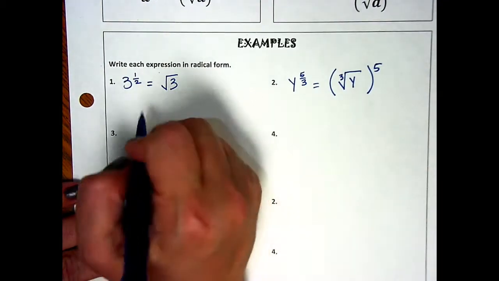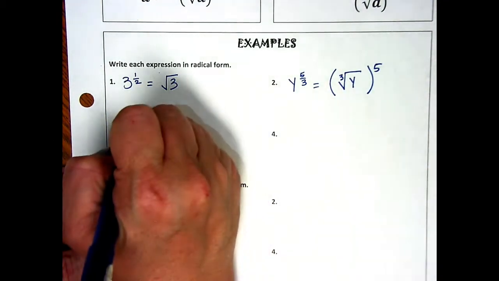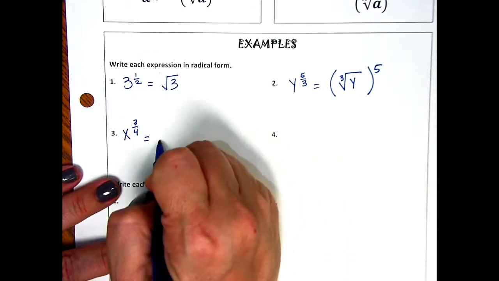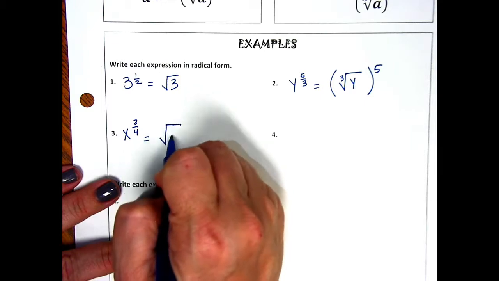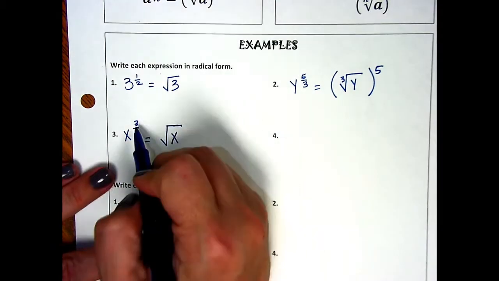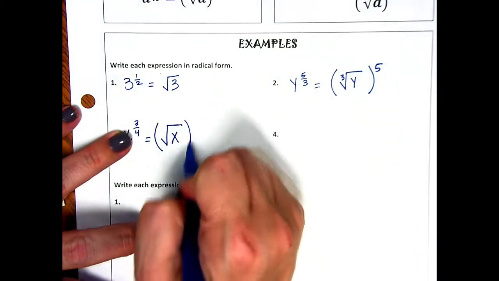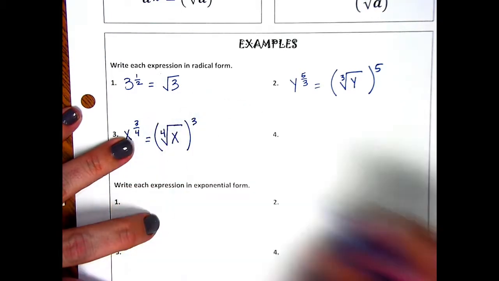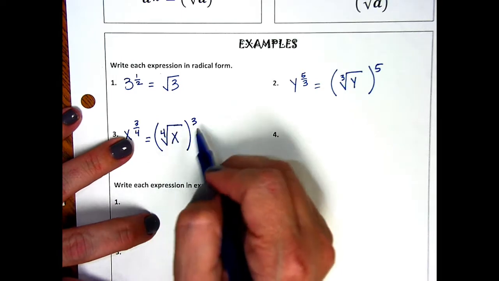Number 3 is x to the 3/4 power. So again, I'm going to start by putting x under the radical sign. The 3, the top number, is what everything is to the power of, and the bottom number, again, is the index. So it's the 4th root of x to the 3rd power.